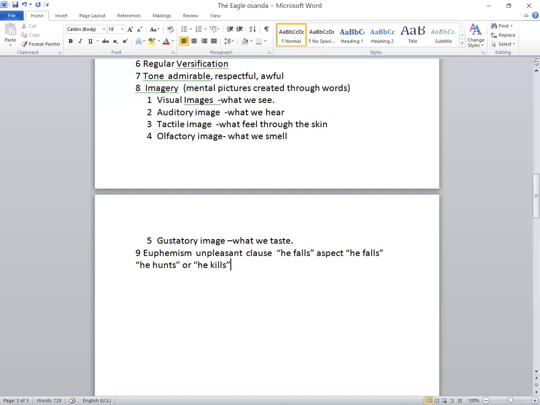They were euphemistic expressions. Right. Now, Tennyson uses "he falls" because he does not want to say the eagle is a hunting bird, a killer bird. He covers up that realistic fact from the reader by using "he falls." Right. Then we go to the other technique, the 10th one.